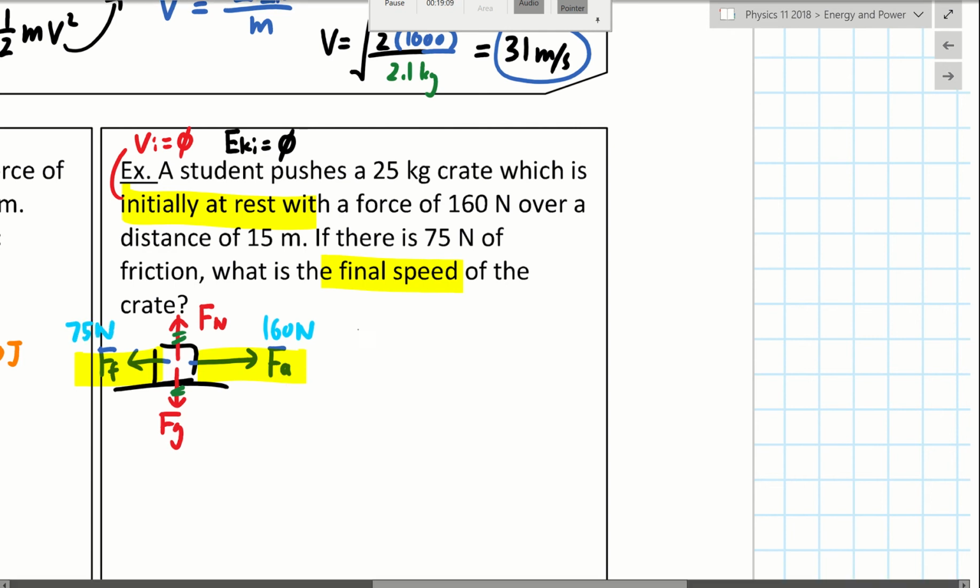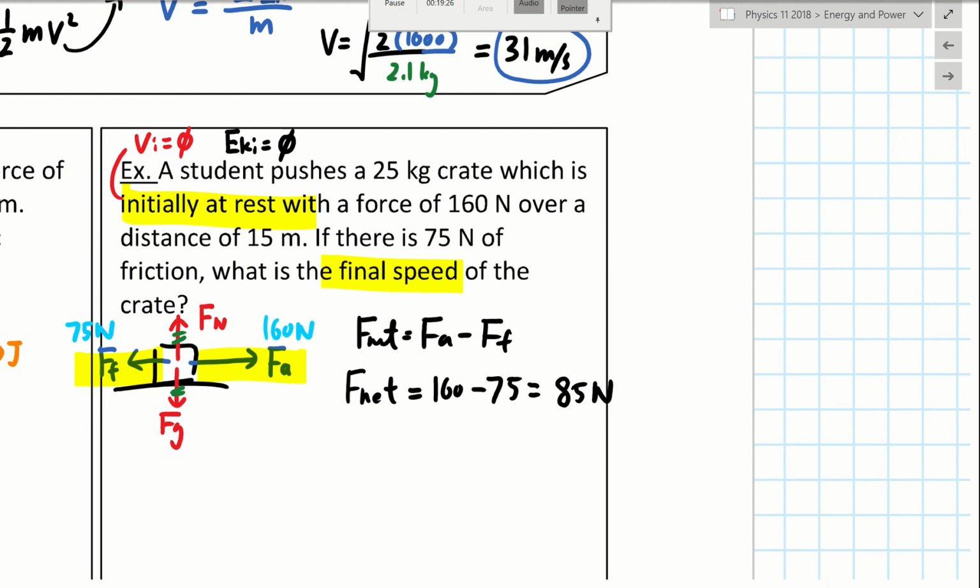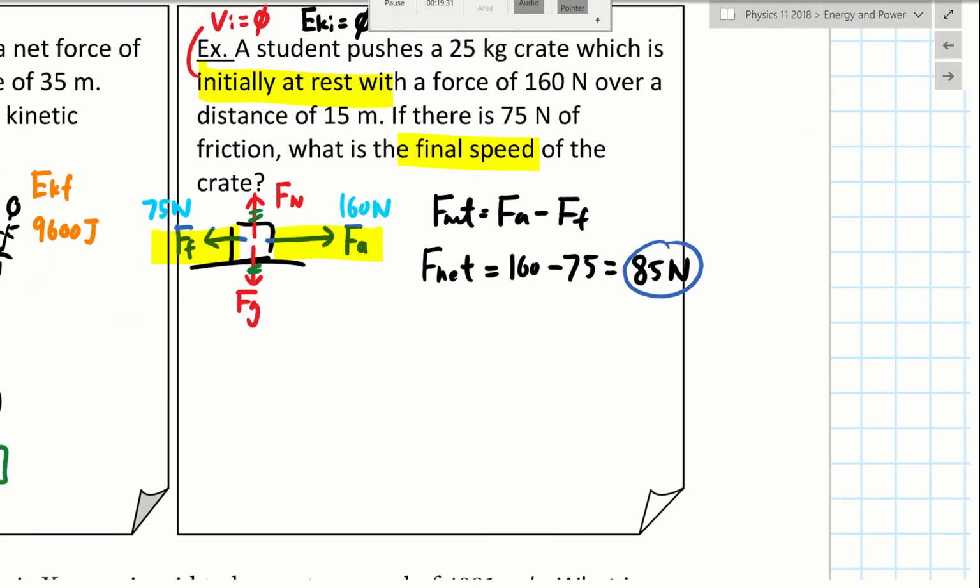So what is the net force equation in here? It must be FA minus FF. So the net force is 160 minus 75, which is 85 Newton. That's our net force. Now we need that for the next part.